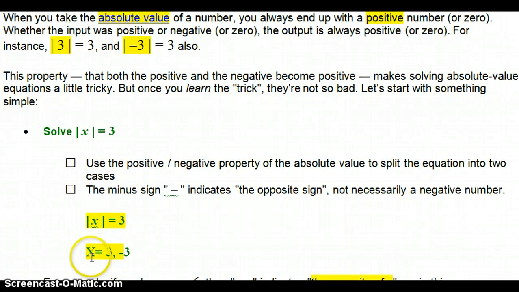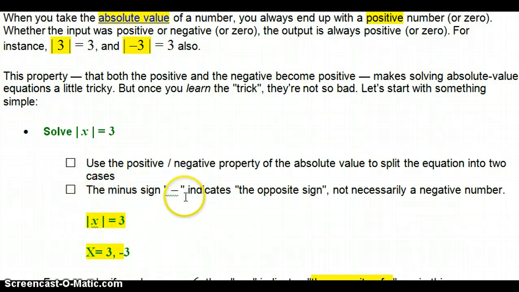When we saw the absolute value sign, we knew that regardless of what you put into it, it's always going to be positive. So just like the examples up here, I could put in positive 3 or negative 3, take the absolute value, and get 3.